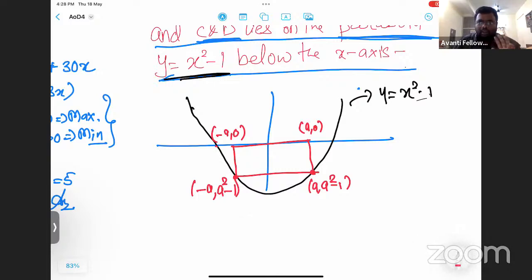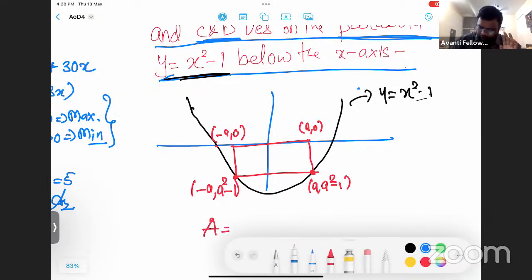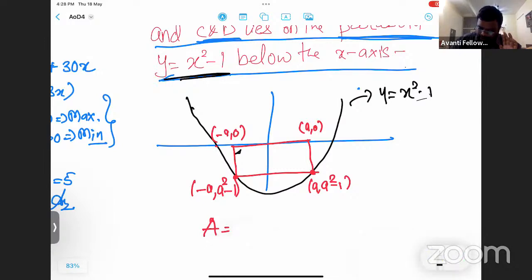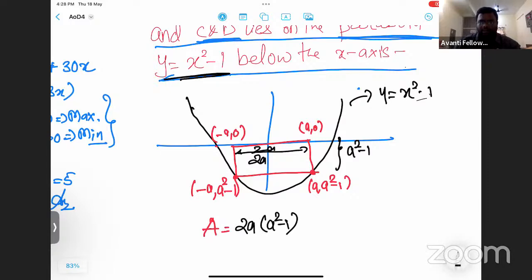Done. Now it's simple. You need to maximize the area, right? So the area will be what? This side is 2A, from minus A to A, and this side is A square minus 1. So the area will be 2A times A square minus 1, that is 2A cube minus 2A.